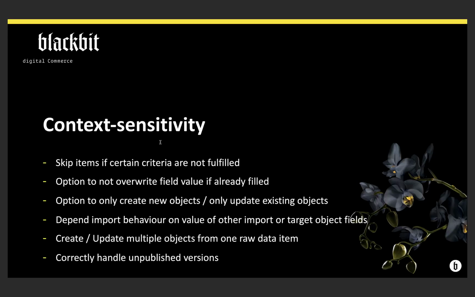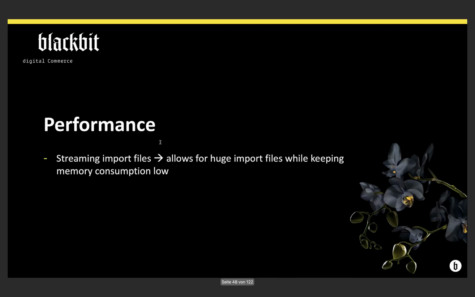We do it first for the currently published version and update the fields, and afterwards we do it again for the currently unpublished version. So in both versions, you have the changes from the import, but in the currently unpublished version, you still have the changes which were not published yet.